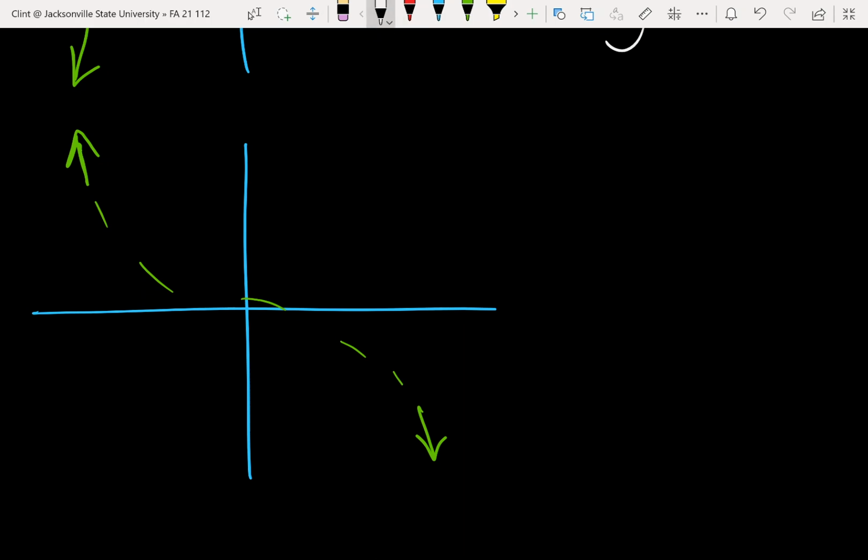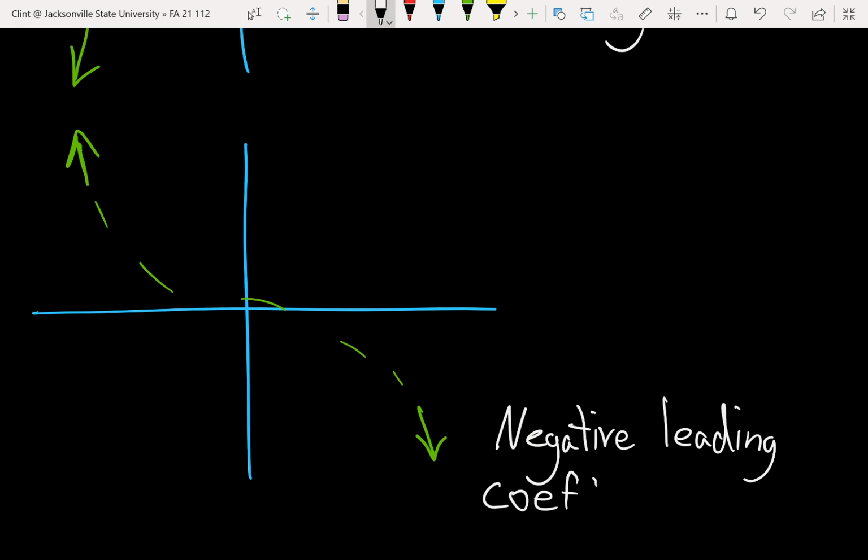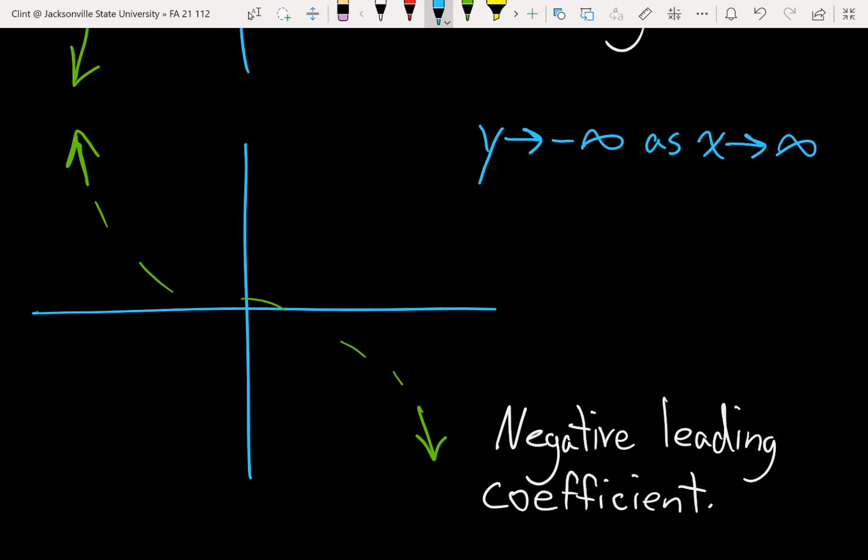So here, we'll go ahead and write down this is a negative leading coefficient. And the way we would describe this behavior is we say our y values go up. Well, let me do the right side first. So we'll say our y values go down as our x values go to the right.